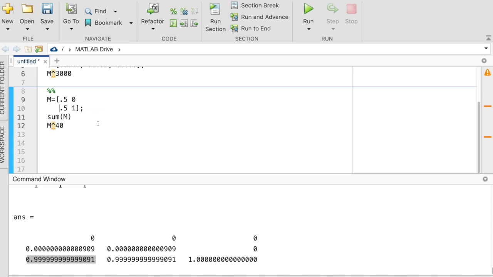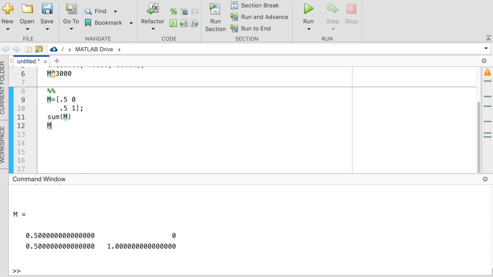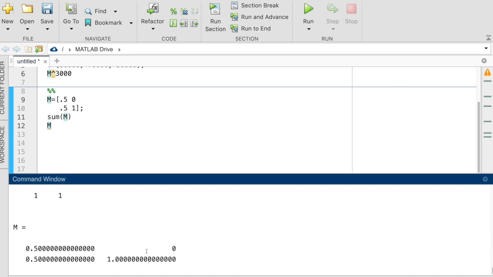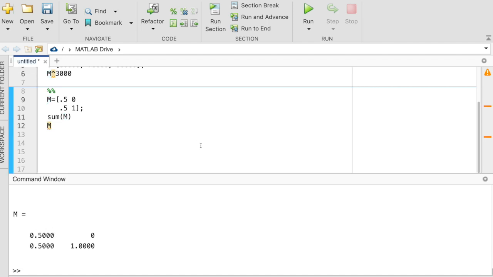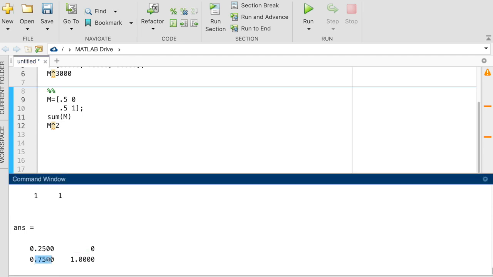That's our new matrix. And let's do just M. And I'll go back to format short. Okay, so there's M, and then M squared. We see that 75% again. So here we're looking at this bottom left number, because that's the state of going from flipping to not flipping.